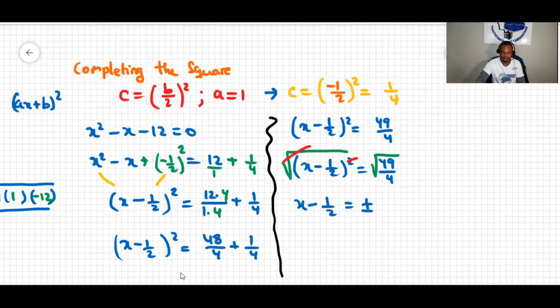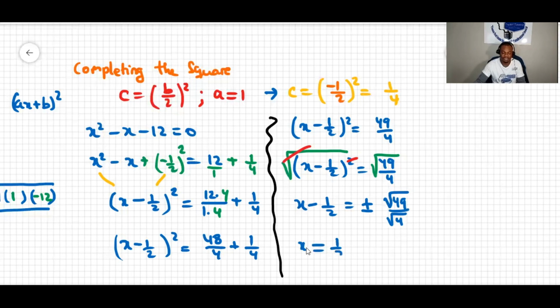Now, where were we? So square root here. This will be square root of 49 over square root of 4. And then we can move the negative half over.